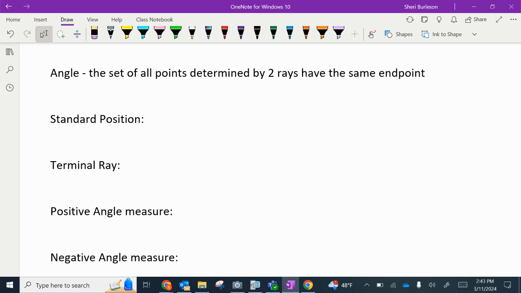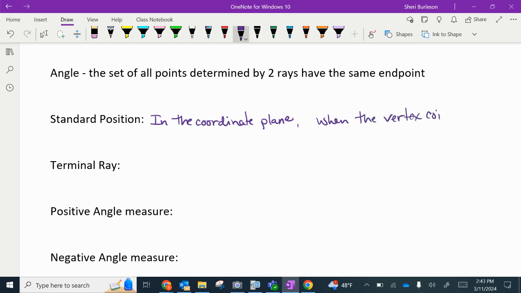Okay. An angle is in standard position in the coordinate plane when the vertex coincides with the origin.